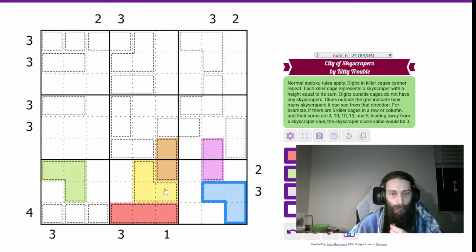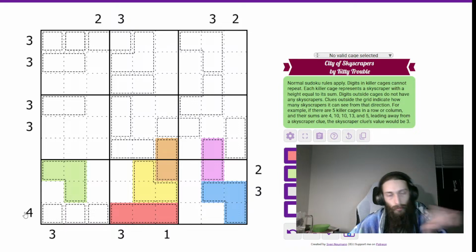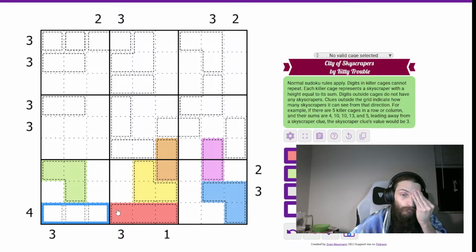So if blue is smaller than yellow, and yellow is smaller than red, blue is smaller than red, and this 4 sees red and these 3. Although I guess I don't know if that gave me any extra information. It just means that these are in order. But with this being between 6 and 15, that's not exactly hard.